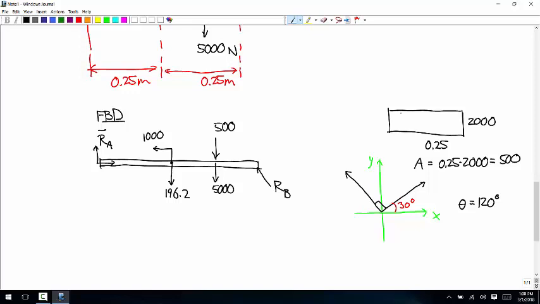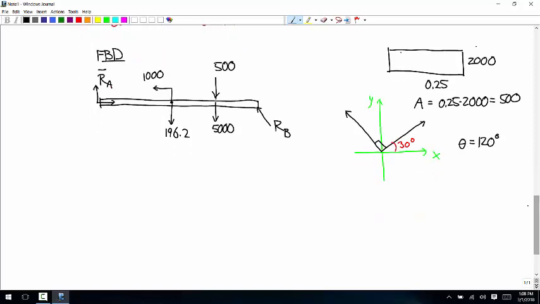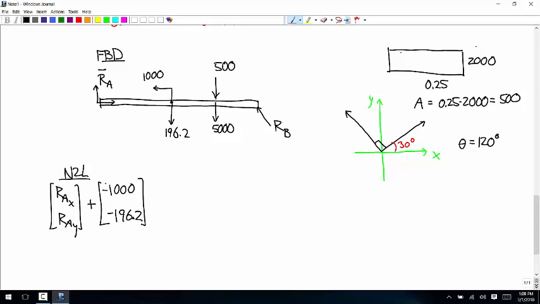Any questions about that angle? All right, so now we can go through the calculations. Newton's second law says RAX, RAY plus negative 1,000, negative 196.2 plus 0, negative 5,500. Any forces acting at the same point, you can just add them up.